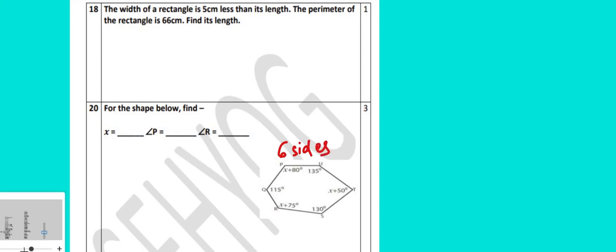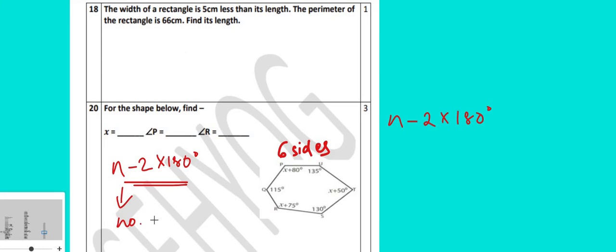So to solve any polygon, what is the formula? The formula to solve any polygon is n minus 2 into 180 degrees. This is the formula we will keep in mind while solving this sum. Here n is the number of sides.